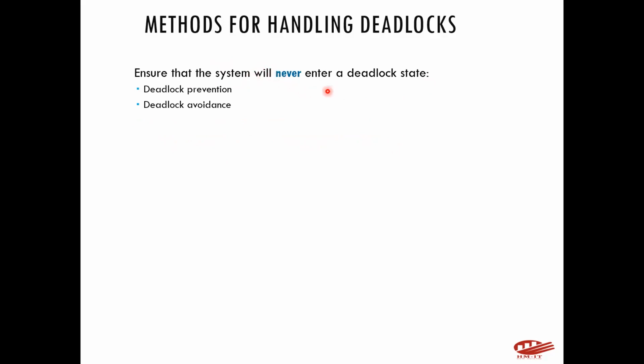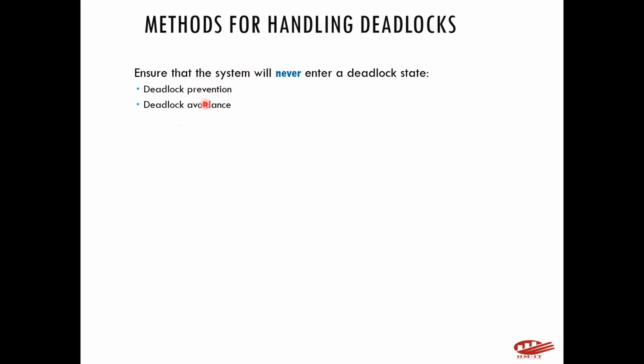Now we look at the methods of handling deadlock. What are the methods of handling deadlock? This is important. If you want to handle a deadlock, you need to ensure these things can happen. You have to apply deadlock detection and also deadlock avoidance. I mentioned in the previous class, you can't prevent without letting it happen and seeing how you can prevent it, right?